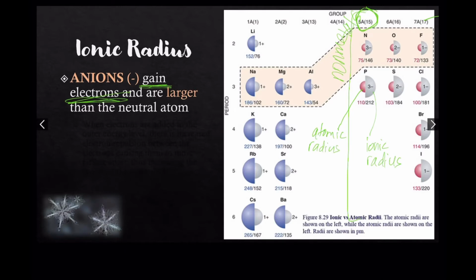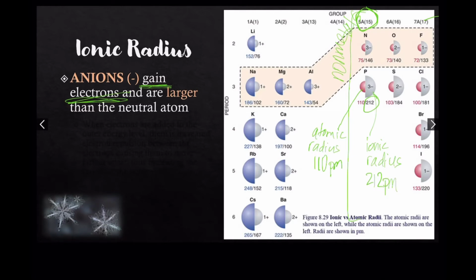When phosphorus forms an ion, it tends to gain 3 electrons to achieve that stable octet. So when it gains 3 electrons, its radius goes from 110 picometers, which is the atomic radius, to 212. So you can see it grows in size because the electron cloud is being added to. You're adding 3 electrons to the electron cloud, so now it's 212 picometers.